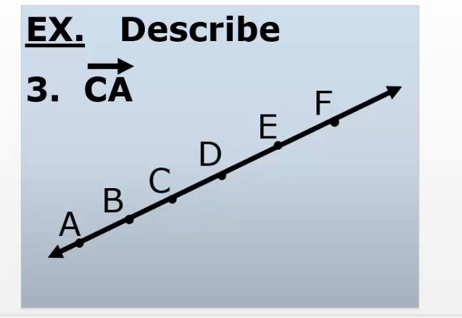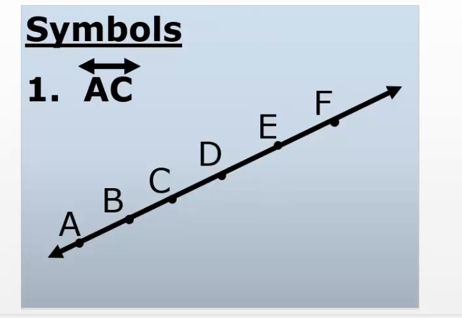Describe ray CA. Ray CA has the endpoint at C and extends in A's direction forever. Describe ray CD. Ray CD has an endpoint at C and extends in D's direction forever.